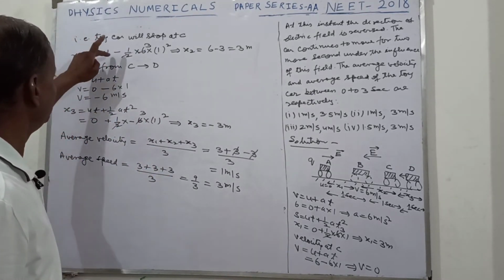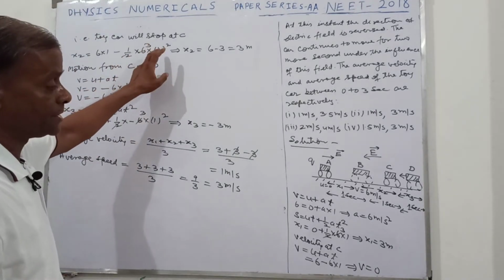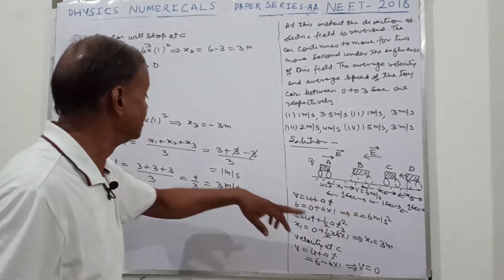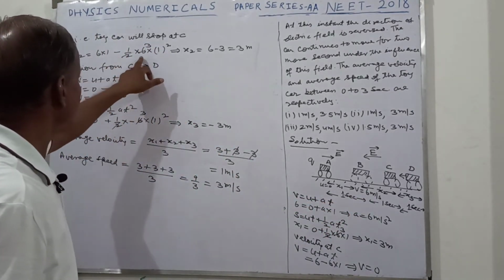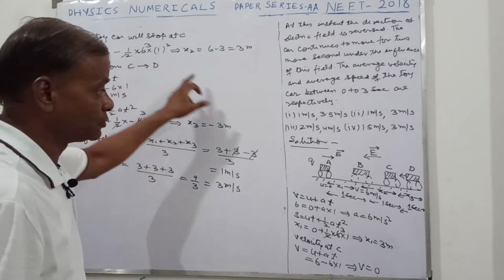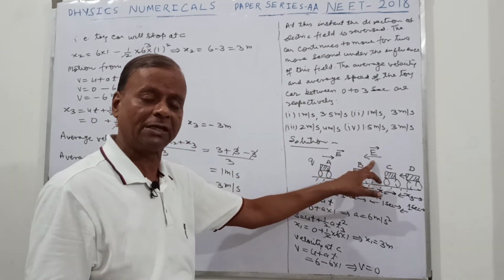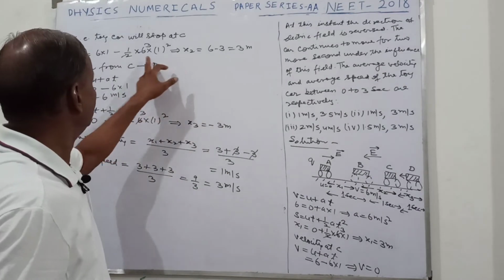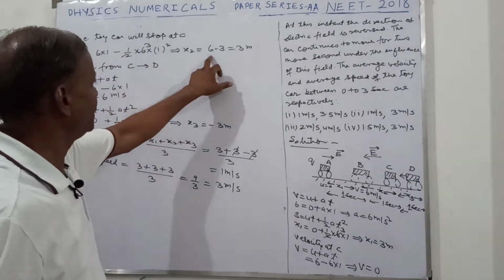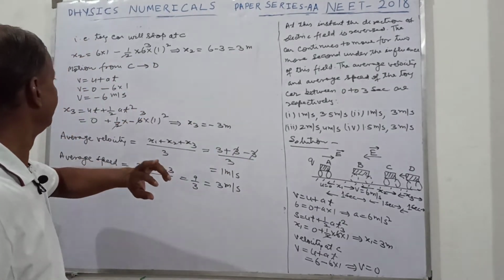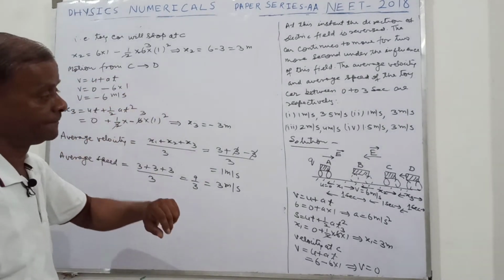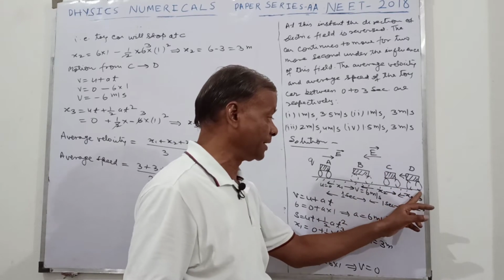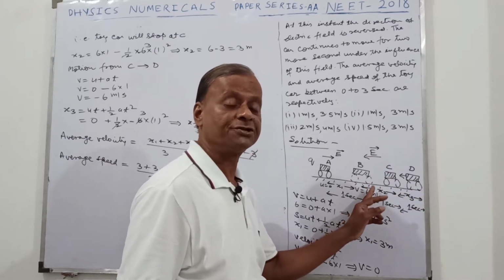So x2 equal to ut plus half at square. u is given to be 6 meter per second, and minus you will take because we have the electric field reversed, so the car will be retarded. Then we take the minus sign. So this will come out to be 3 meter. And then from C to D, the car has come at rest, but because of this field, it will again move some distance.